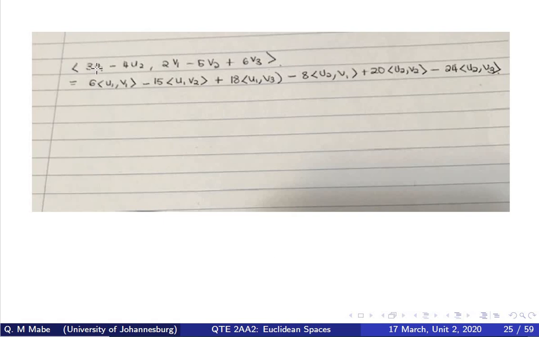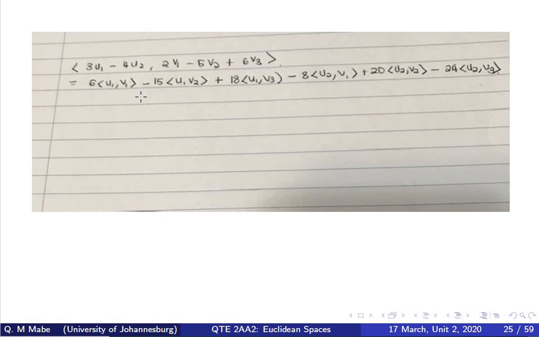So we start with 3u1 times 2v1, which is 6 u1 dot v1, and we'll have minus 15 u1 dot v2, and we will have 18 u1 dot v3. And then the negative 4 u2 gives negative 8 u2 dot v1, plus 20 u2 dot v2, minus 24 u2 dot v3.